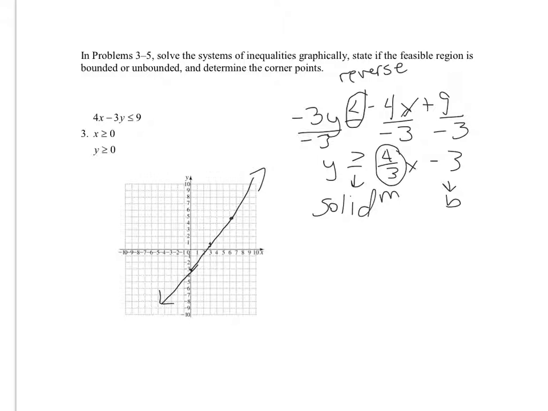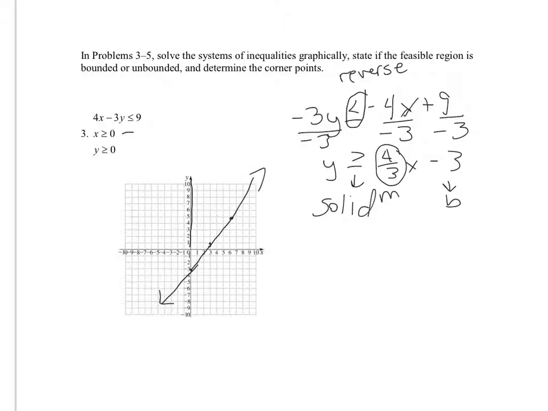Now, notice there are two other inequalities that need to be graphed. The first one is x is greater than or equal to 0. So when x is greater than or equal to 0, where all of the x values are 0, is on the y-axis.